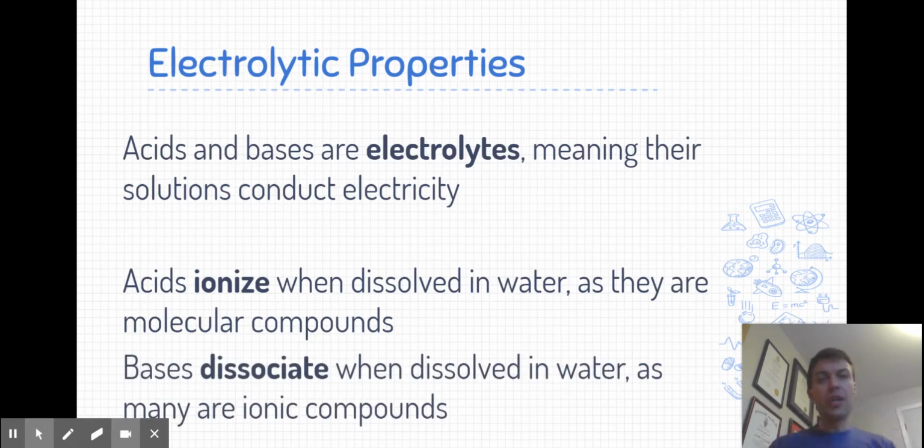So think sodium hydroxide, calcium hydroxide, potassium hydroxide. Those substances there are ionic compounds. And so when an ionic compound dissolves in water, it dissociates. The ions already break apart. So you'll see both of these terms used. We'll use the term ionize for acids and dissociate for bases.